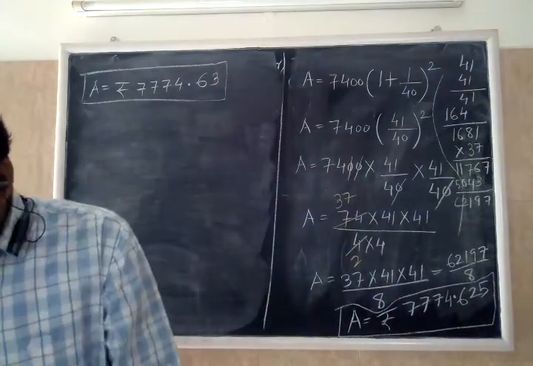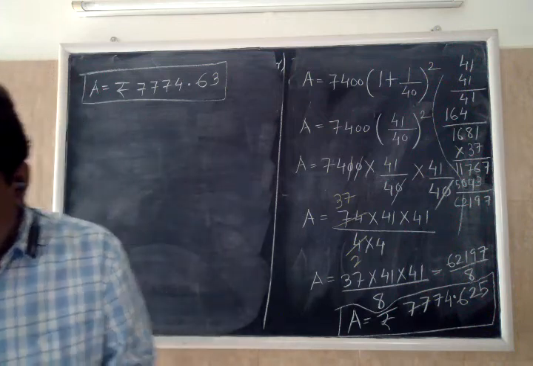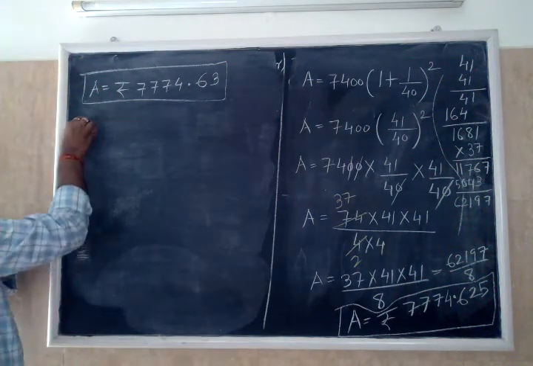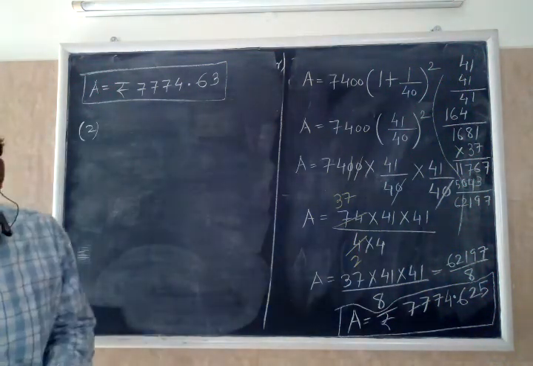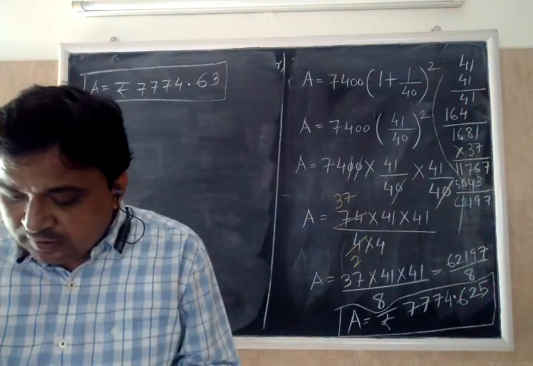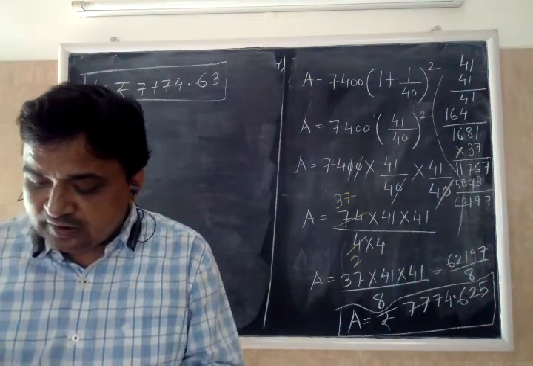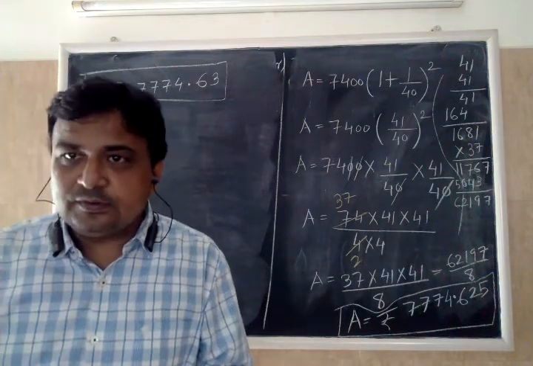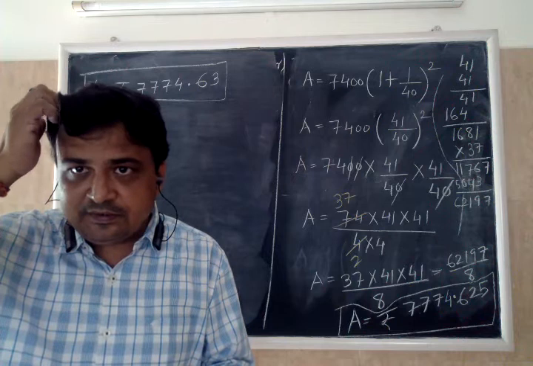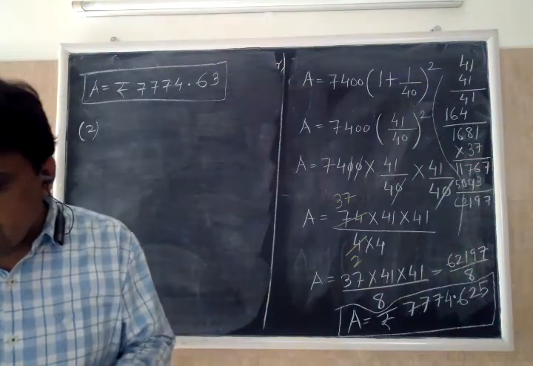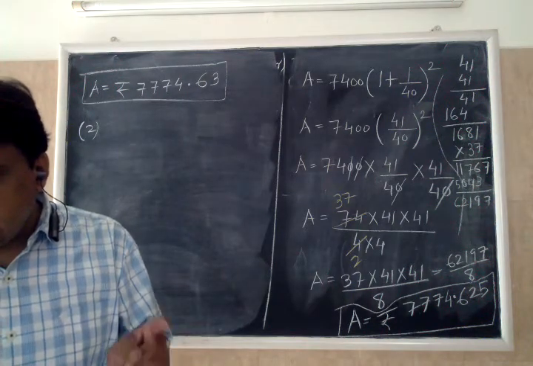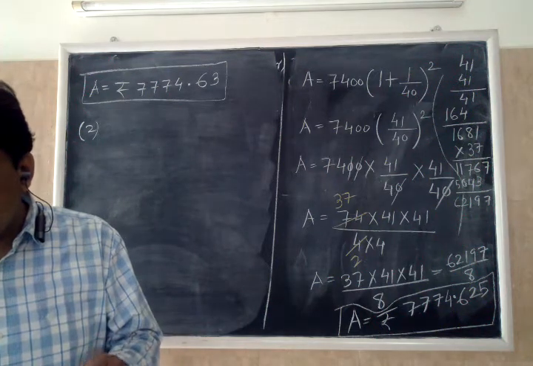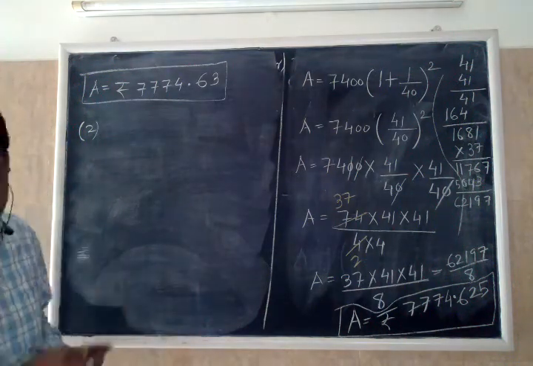Yes. Now start solving second. Find the difference between the compound interest, compounded yearly and half yearly. So what you have to find? You have to find the difference of compound interest, compounded yearly and half yearly on 10,000 rupees.